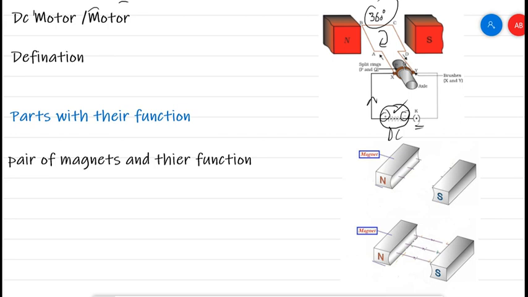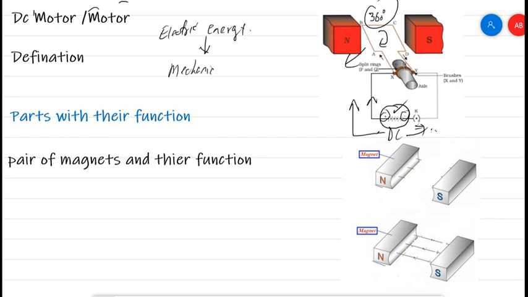So this rotation is what? Here we are using the current, and because this is energy, the electric potential energy or the electric energy is going to convert into kinetic energy. Electric energy, or you can say electric potential energy, is going to convert to mechanical energy.